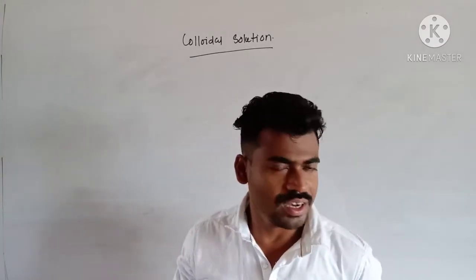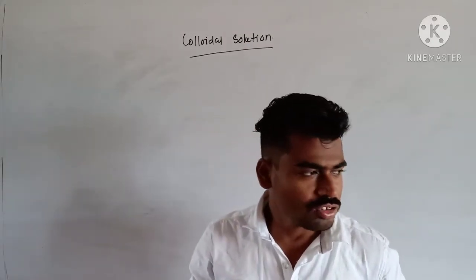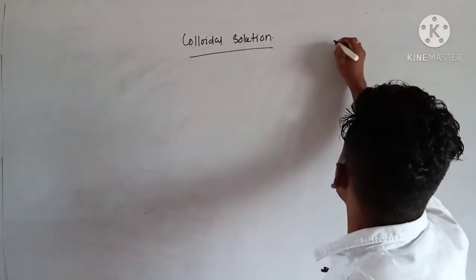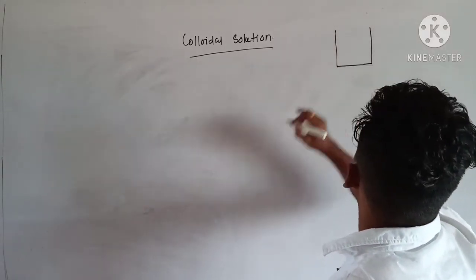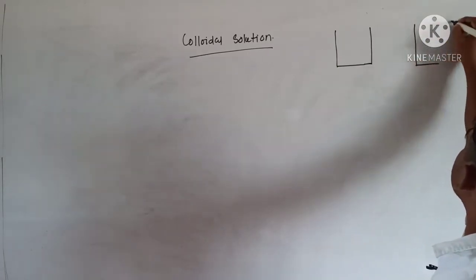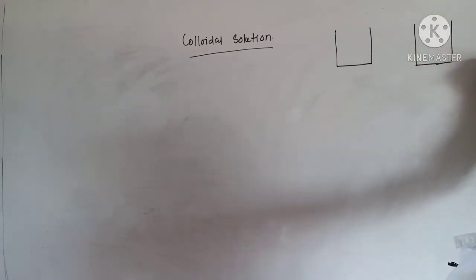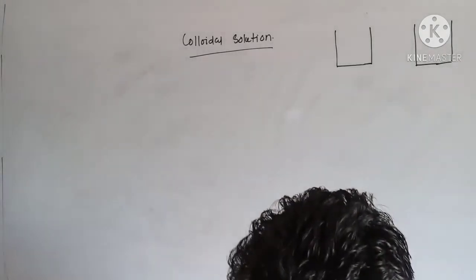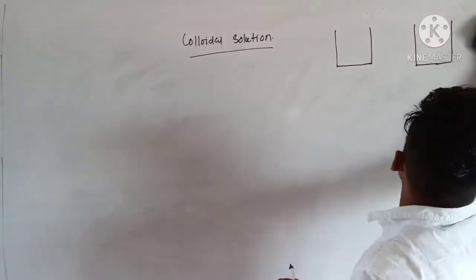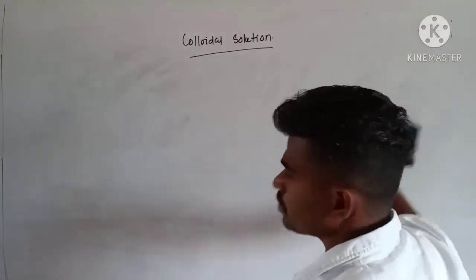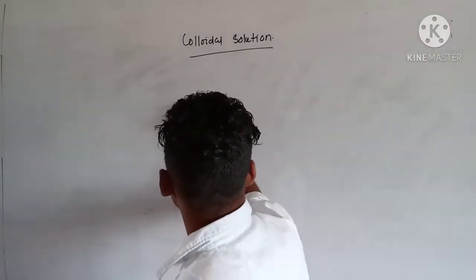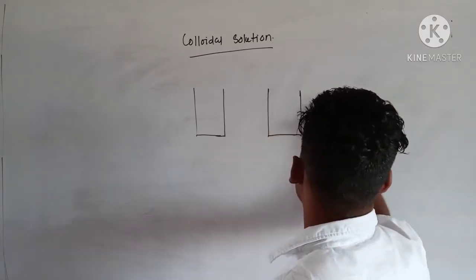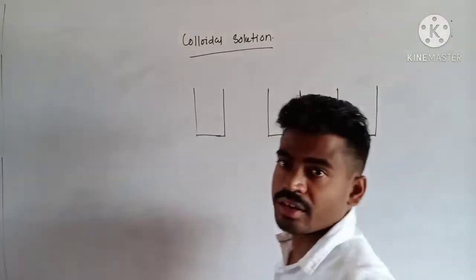I will tell you. Suppose I am considering three containers. This one is the first container, second container and third container.